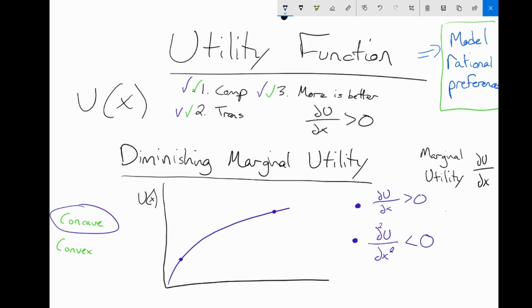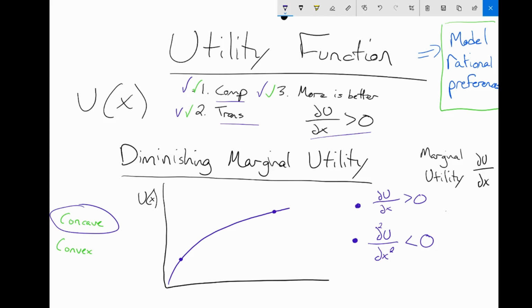So there we go. We're piecing together properties of a function that will do a good job of modeling rational preferences. We're building our toolbox. We need a function that will be complete, that will satisfy transitivity, and for which the derivative is positive.